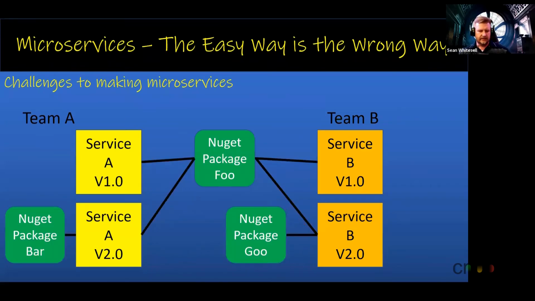So now take, for example, that you decided that out of that center NuGet package, you've taken out what is not common anymore, and you split it out across the microservices there so that NuGet package bar and NuGet package goo happen to be the same code, maybe for a few minutes, but they were split apart for a reason.